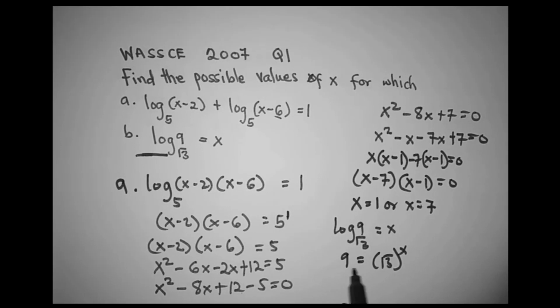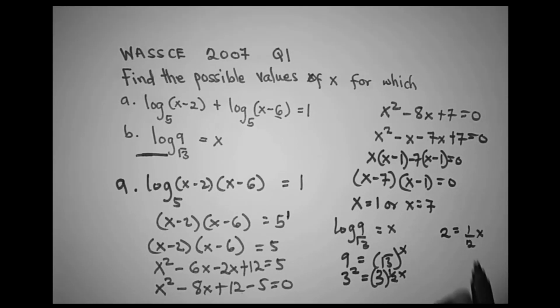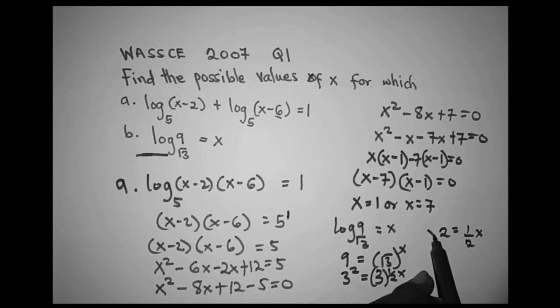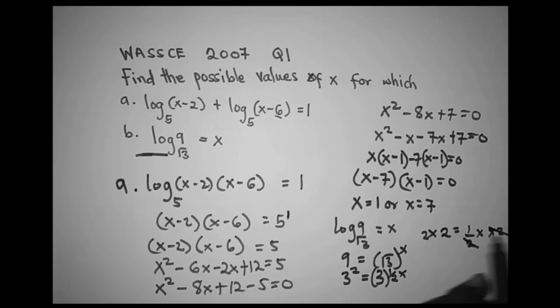And then 9 can be written as 3 squared, equals, and then root 3 can also be written as 3 exponent 1 over 2, then times x becomes half x. So since they have the same bases, then we can equate the exponents. So it becomes 2 equals 1 over 2 x. And therefore multiplying through by 2, we can see that x is equal to 4.